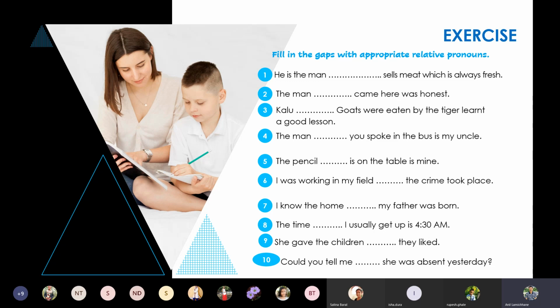As soon as you finish, you notice me. The writing must be very good, and the relative pronoun which you feel is right must be underlined.